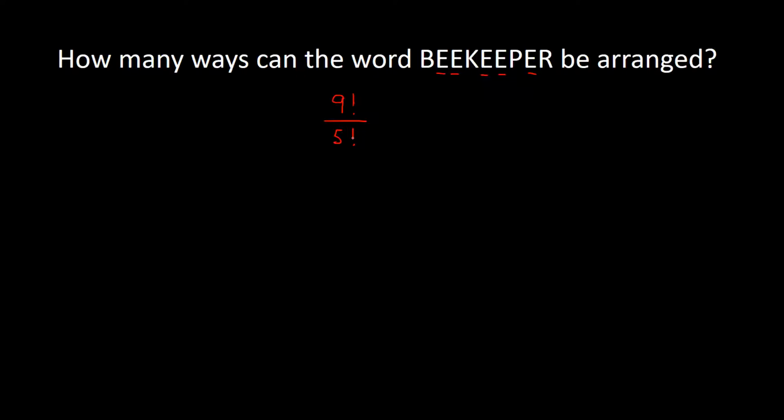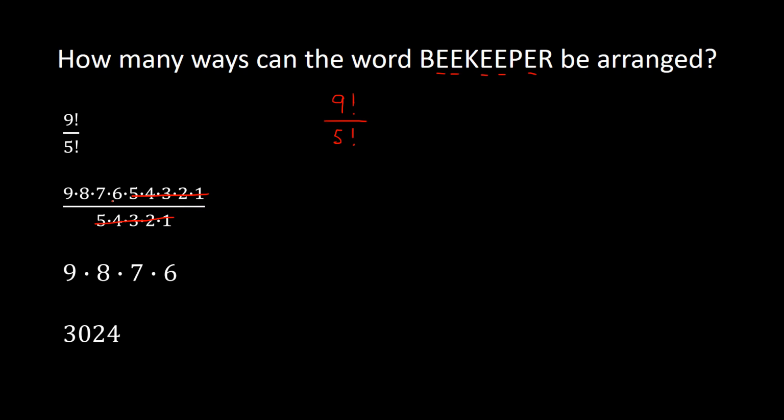So I need to divide by 5 factorial. So I have 9 factorial divided by 5 factorial. So 9 factorial is 9, 8, 7, 6, 5, 4, 3, 2, 1. 5 factorial is 5, 4, 3, 2, 1. The 5, 4, 3, 2, 1s can cancel on the top and the bottom. So I have 9 times 8 times 7 times 6, which gives me 3,024.